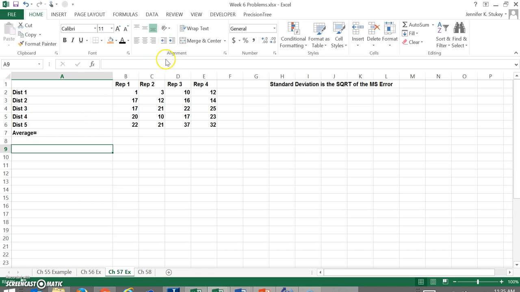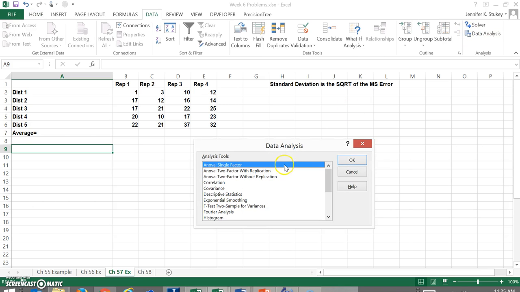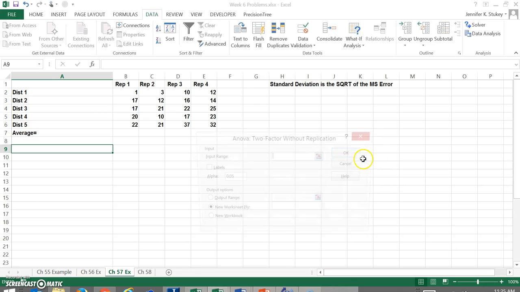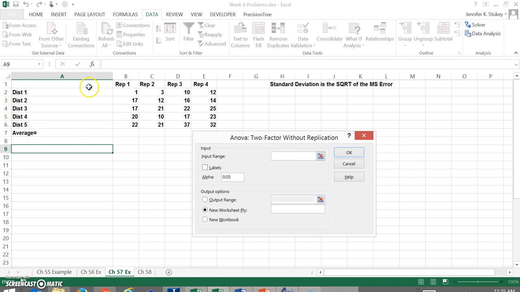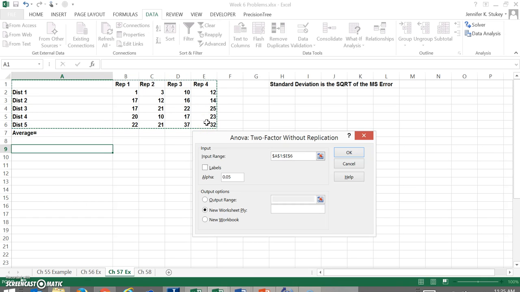All right, so here's how you run the ANOVA. You go to your data ribbon, go to data analysis, go to ANOVA: two-factor without replication. Our input range here is going to be A1 through E6, and there are labels, so make sure that you check that box.